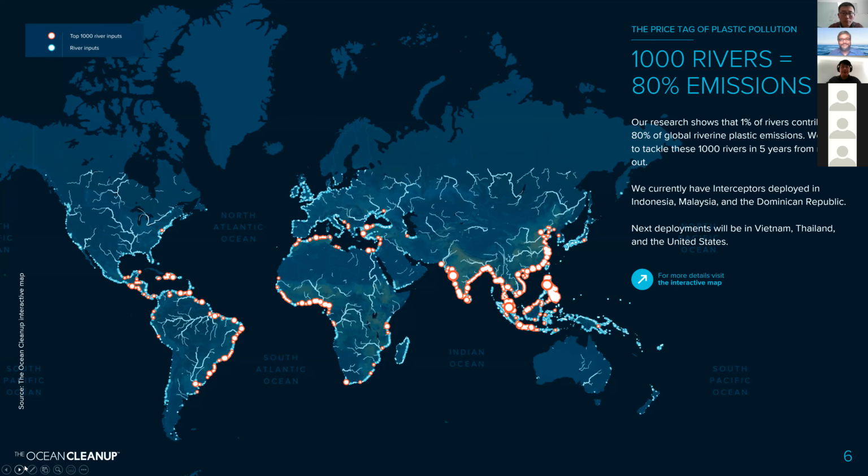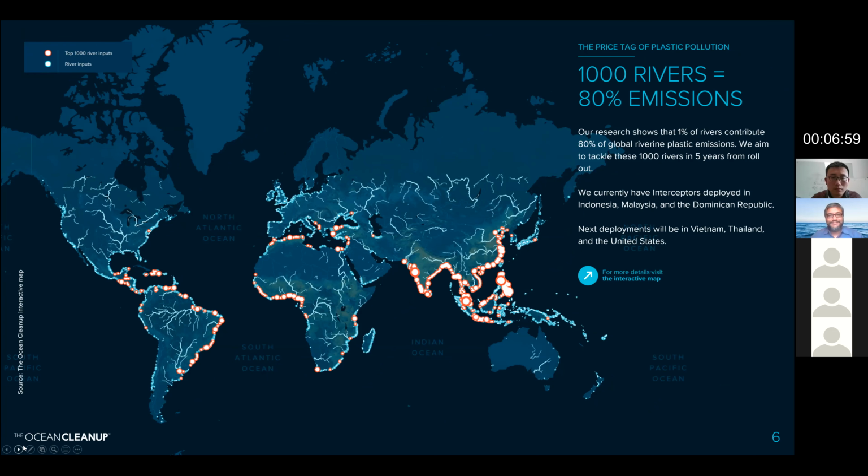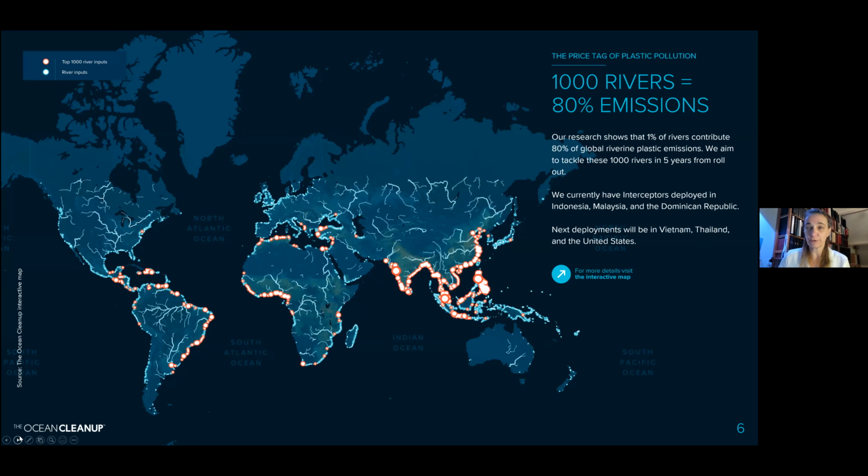This model helps in understanding the hotspots, the main contributors, and helps focus the cleanup and prevention activities that we need to do. Our research shows that approximately the 1,000 most polluting rivers account for about 80% of the emissions that are flowing into the seas and oceans from rivers.